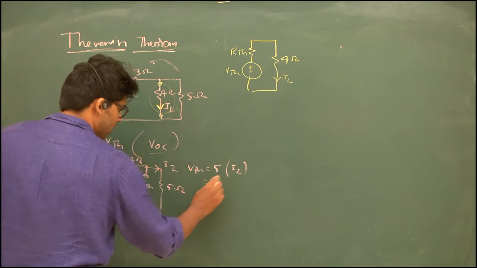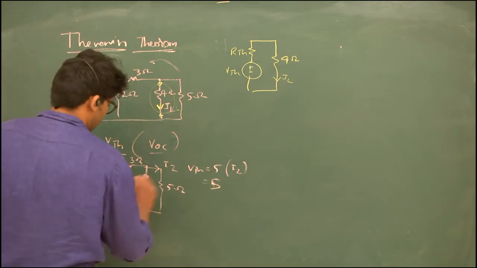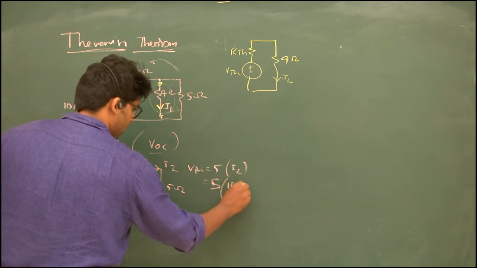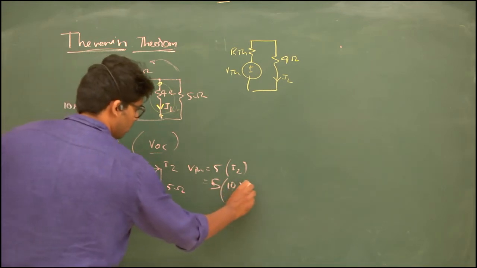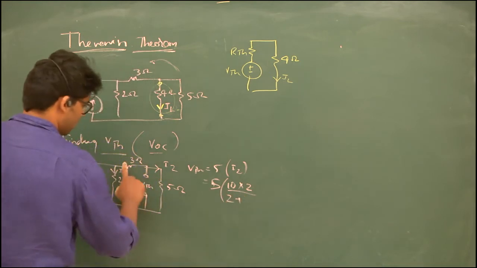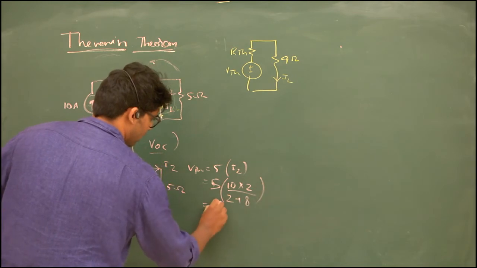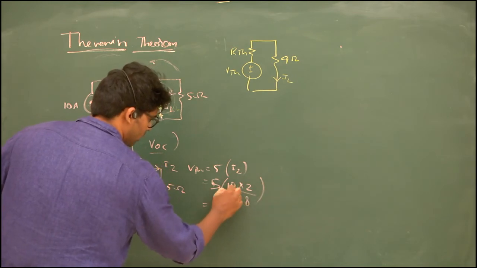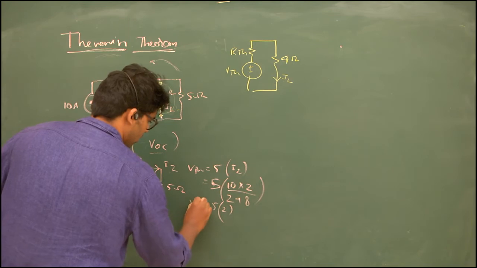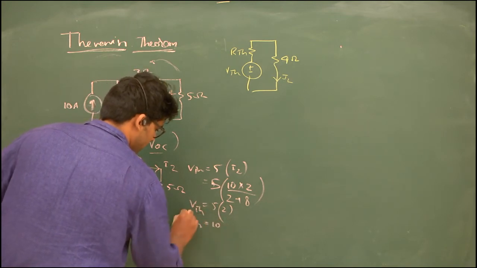By current division rule, I2 equals 10 into 2 by 2 plus 3 plus 5, that is 8. Therefore you get 5 into 10 by 2, the 2s cancel, and therefore V Thevenin equals 10.